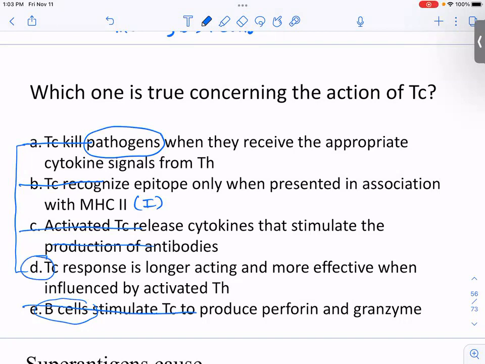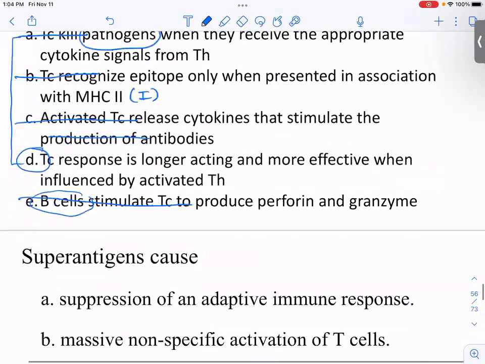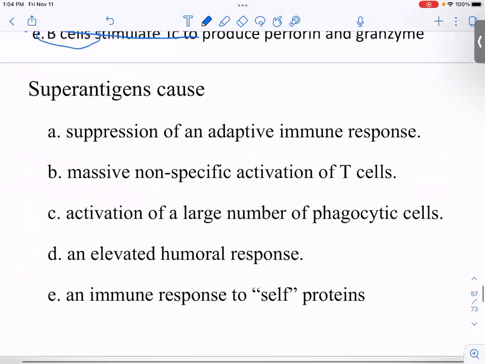For cytotoxic T cells, the response is going to be longer acting, and better if they also get cytokine stimulation from activated T helper cells. Apparently they can act on their own, but it's a much longer acting, more efficient response when they're activated by the T helper cells. Like I said, that one would have taken some parsing out during an exam.